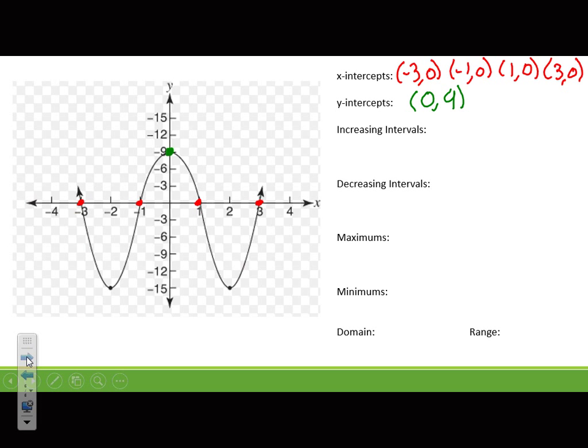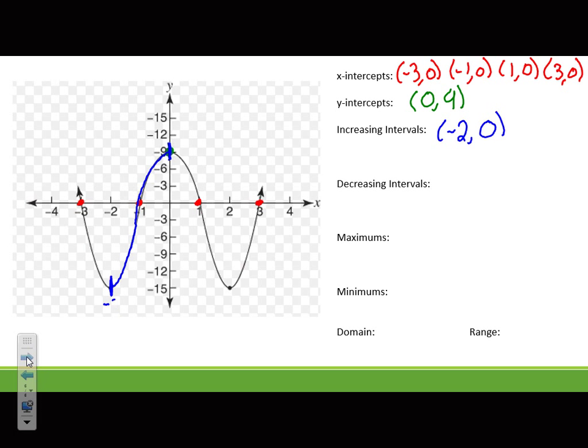Now increasing and decreasing. Increasing, x and y are both increasing. So we're starting our increase right here, and it's going all the way to here. So there's our first interval. In interval notation, I'm starting at my x value, always looking at x values. So I'm starting at -2, and I'm going all the way to my x value, which is 0.